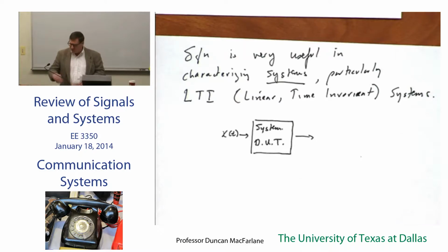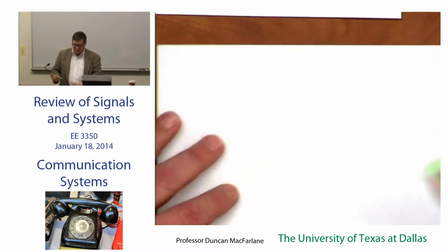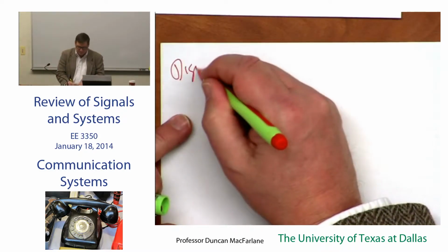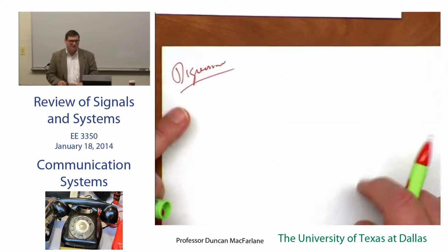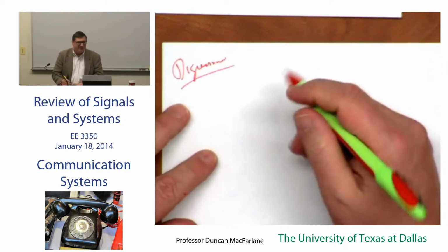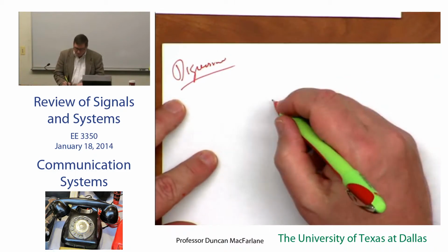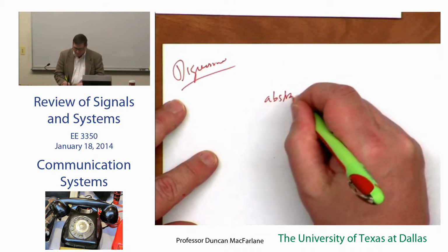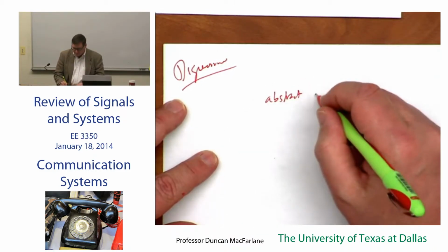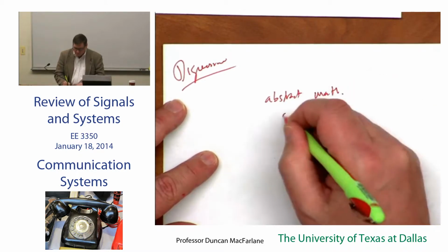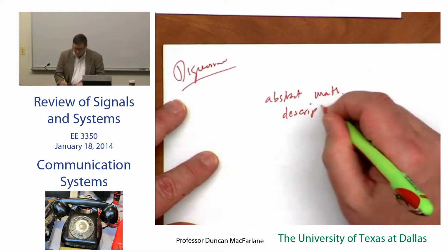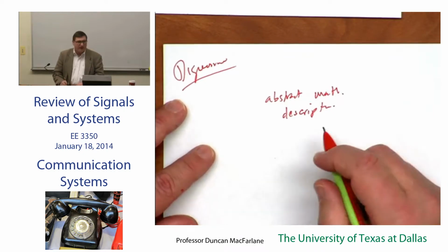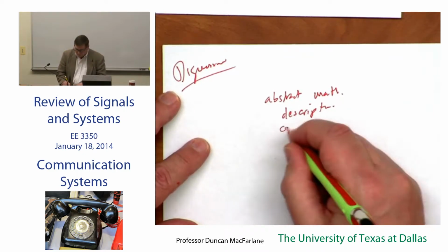But it also goes to, digression, it also goes to the layers of your design, right? You have the abstract mathematical description, and I'll be specific, of your comm system.